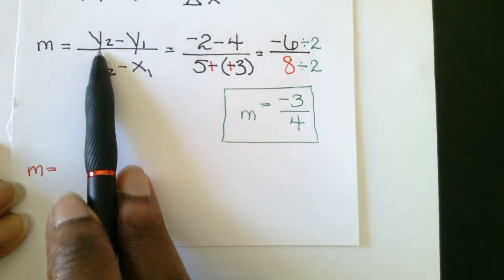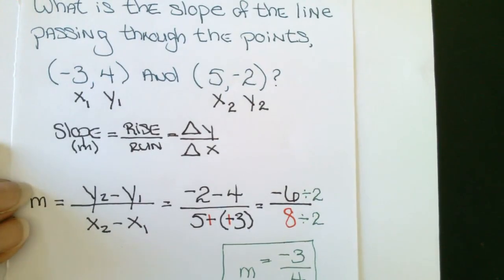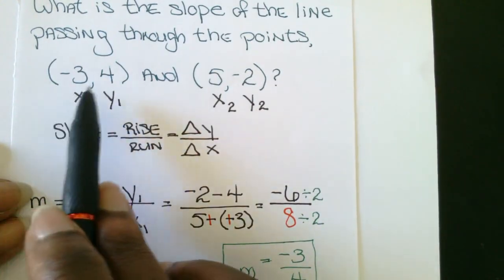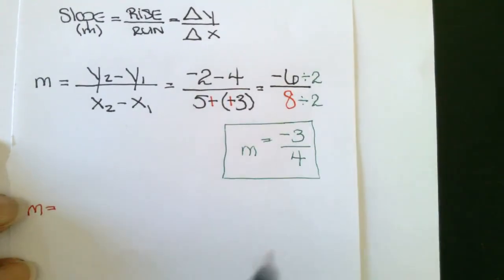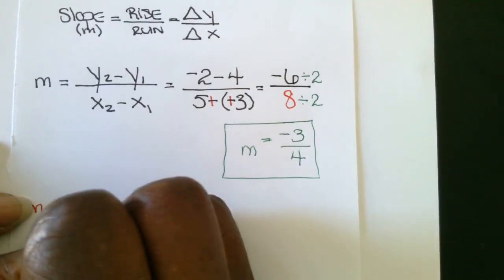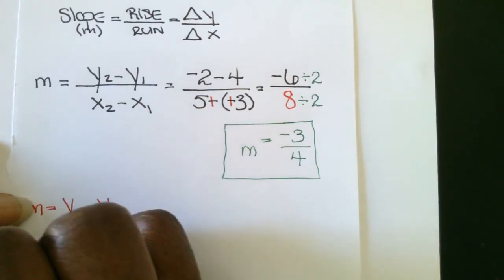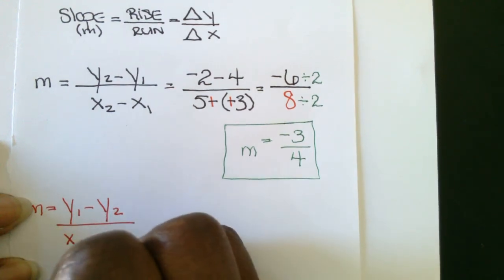Instead of going y2 minus y1, and since I'm used to reading from left to right, you can find the same thing by doing y1 minus y2 and your x1 minus x2.